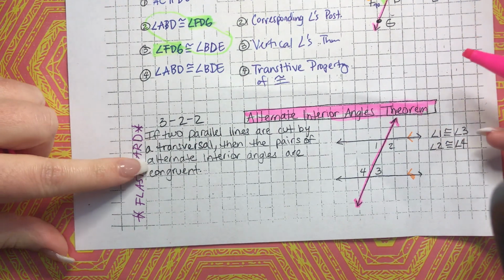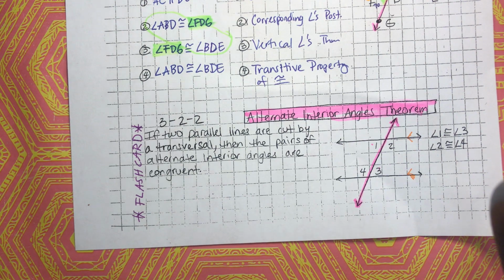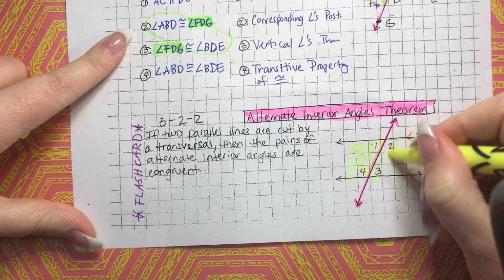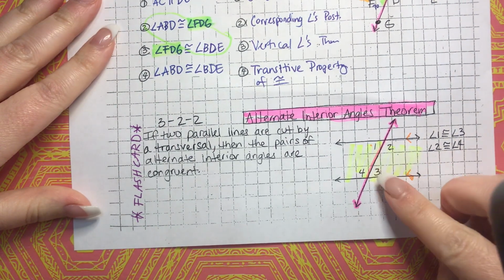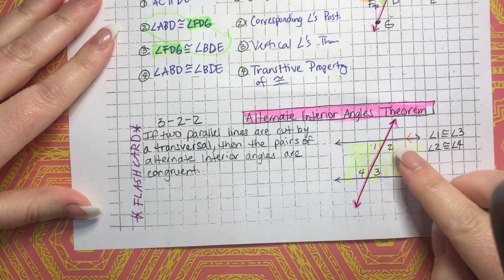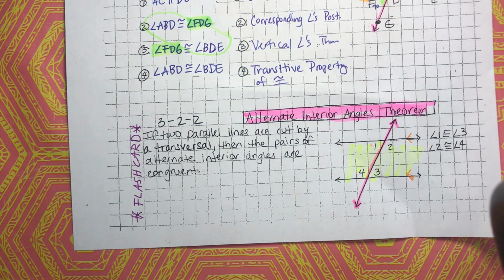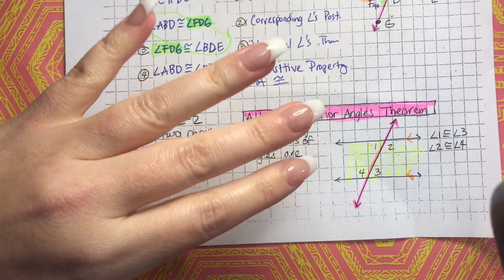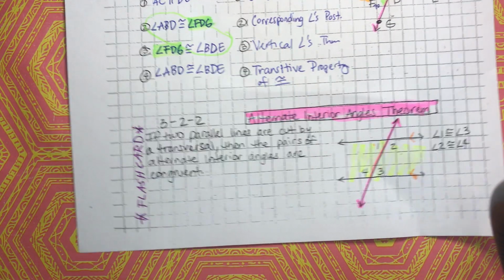Then the pairs of alternate interior angles, remember the interior angles are the angles that are inside, in between, would be angles 1 and 3. They are congruent. And also 2 and 4 by the alternate interior angles theorem. All right, so 3 theorems: corresponding angles postulate, alternate exterior angles theorem, and now the alternate interior angles theorem.